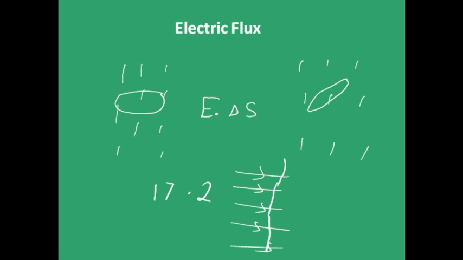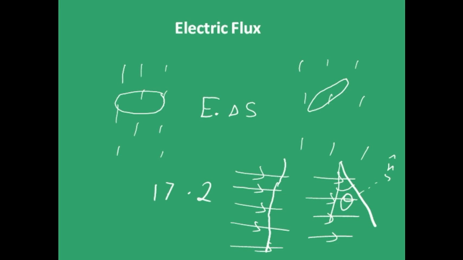Now, if I place the same surface in this manner, something like this, the number of field lines gets reduced, right? By what amount? Take a perpendicular here. Say I tilted it by an angle theta. Well, area is a vector, you know that, and the direction of this area is given by the normal vector, which is perpendicular to the surface.